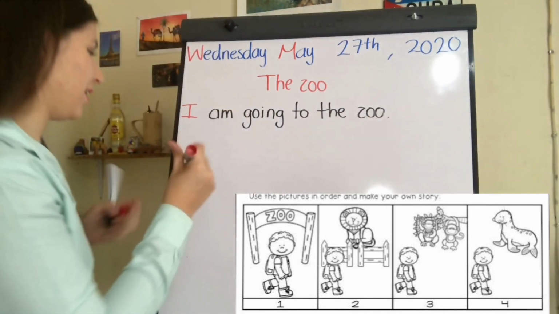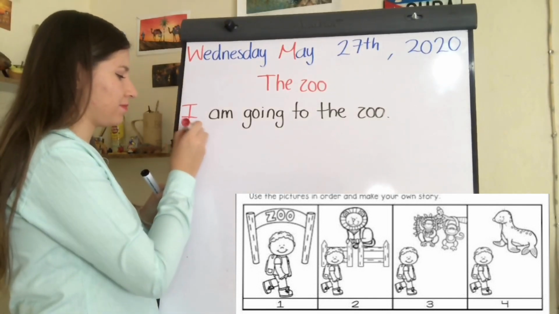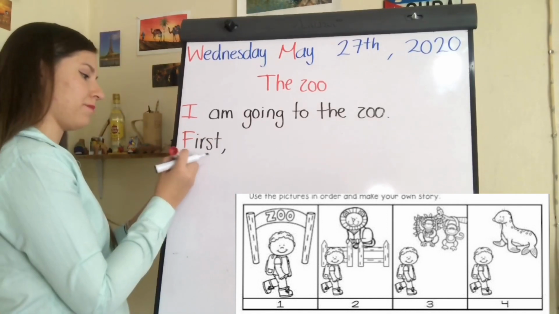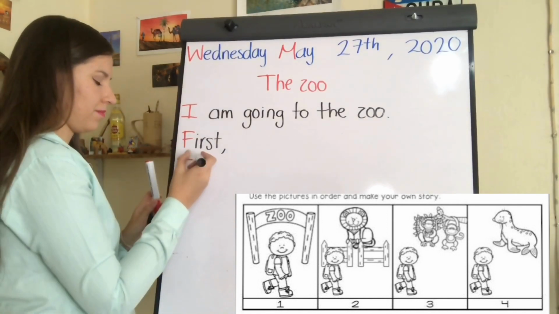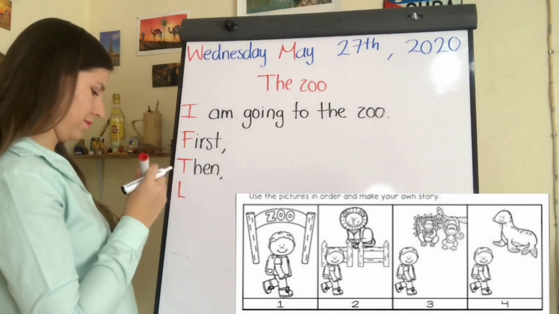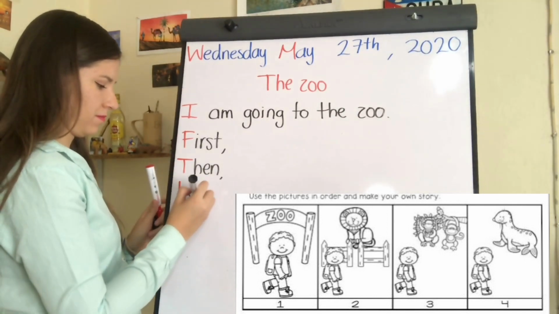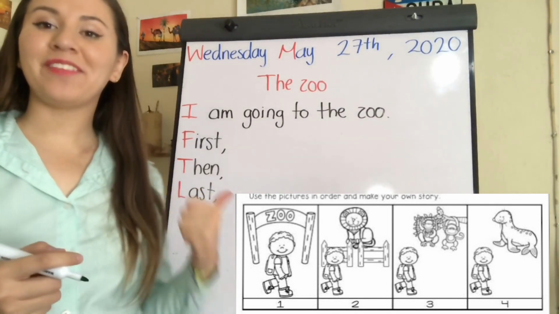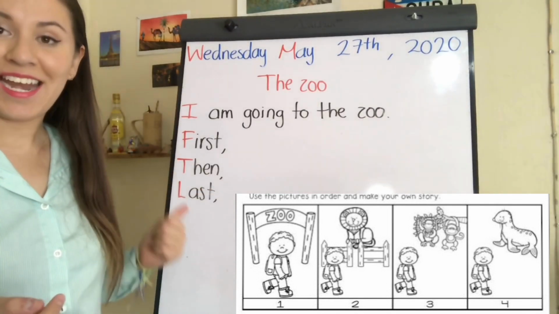We're gonna write first. You're gonna write then. And you're gonna write last. Okay? So we have these 3 words. First, then, and last.